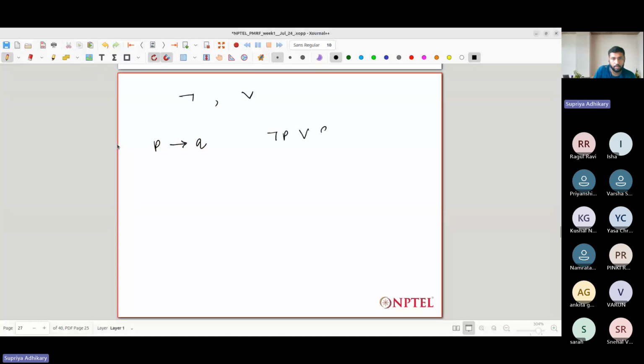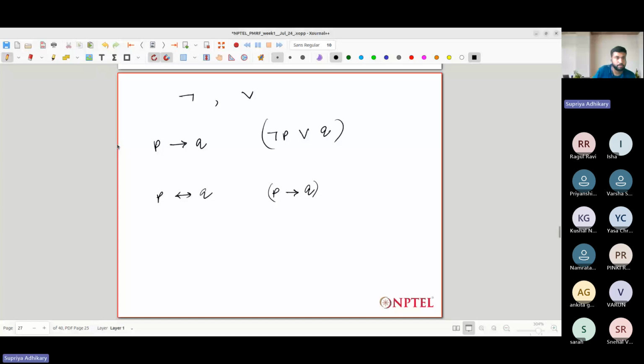So no problem with that. And what about biconditional? For implication, we have negation P plus Q. Disjunction Q plus P. Okay.